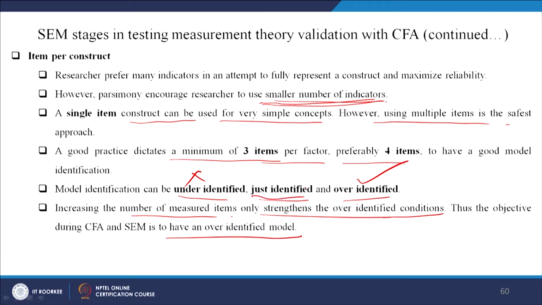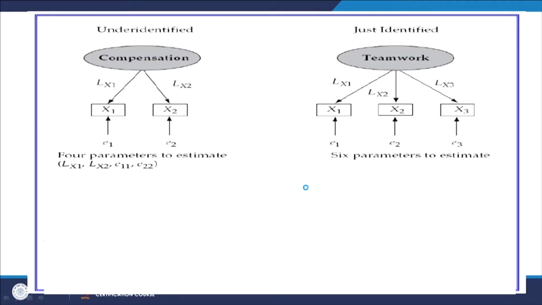Just identified is also good, right. So this is a case of an under identified model. Now you see, there are 4 parameters to estimate: 1, 2, 3, 4. We calculate the number of data points by the formula n into n plus 1 divided by 2.